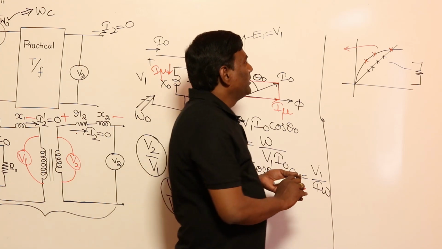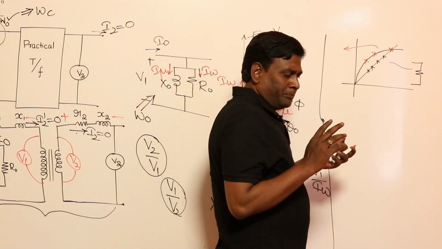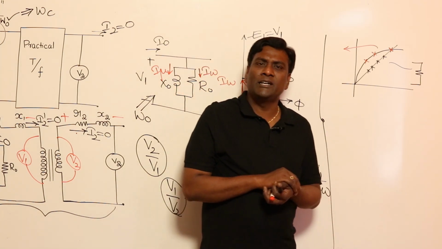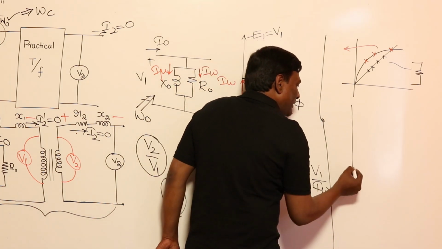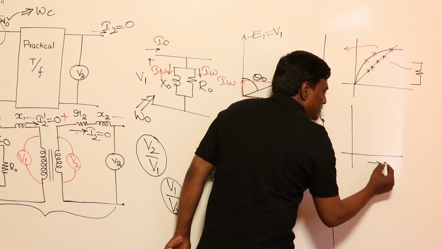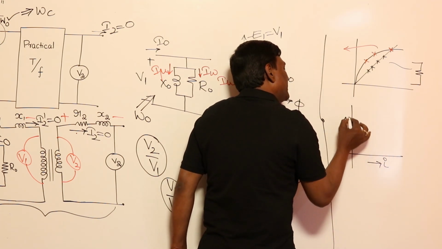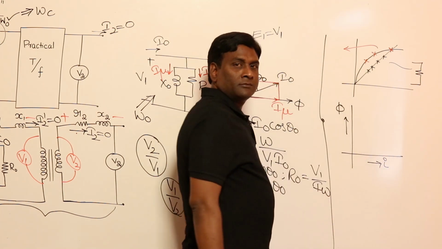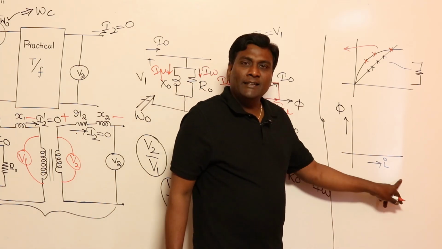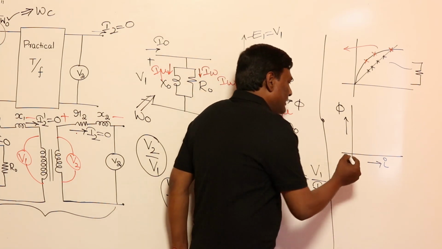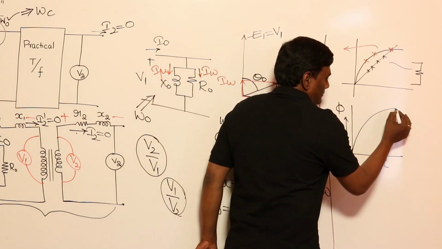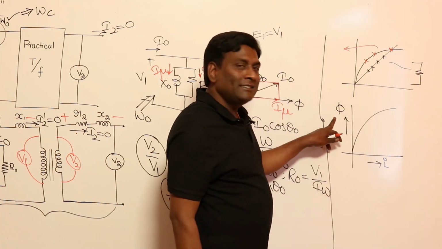Now basically, Bmax, the operating flux density. If you think of your magnetization characteristics, this is going to be I, this is going to be phi, the operating flux. If you keep on increasing the current, my operating flux is going to show some saturation characteristics. Now what is this phi?